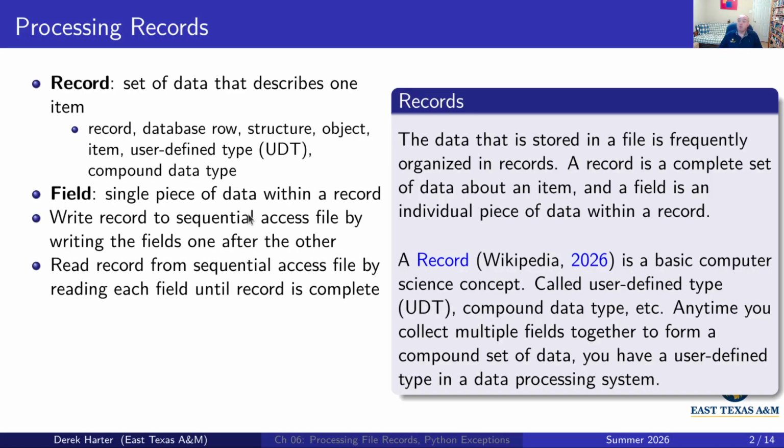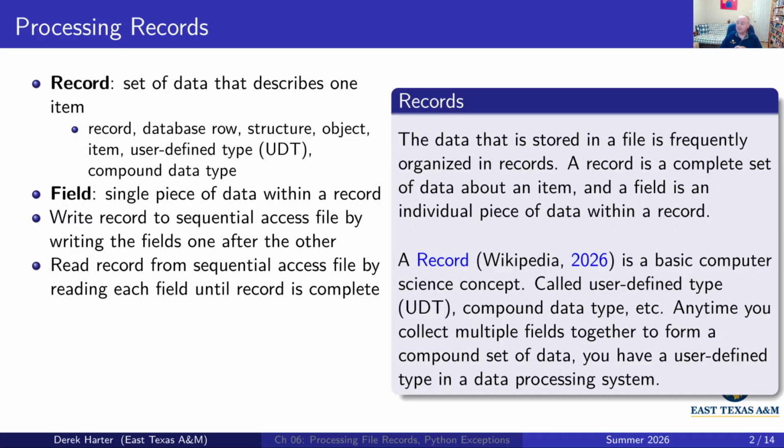So a record is just a set of data that describes one item. A record is a fundamental, basic computer science concept. It's been reinvented, and it goes by many names. These all maybe are slightly different, but they all have a lot of overlap.